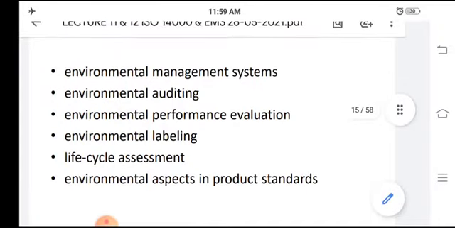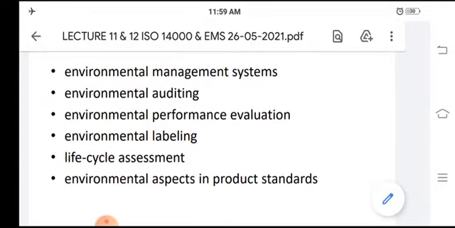All these things will be covered in the ISO 14000 series, but they will have different nomenclature. They will be expressed with different numbers, like ISO 14001, ISO 14002, ISO 14004, ISO 14010, ISO 14040, and so on.